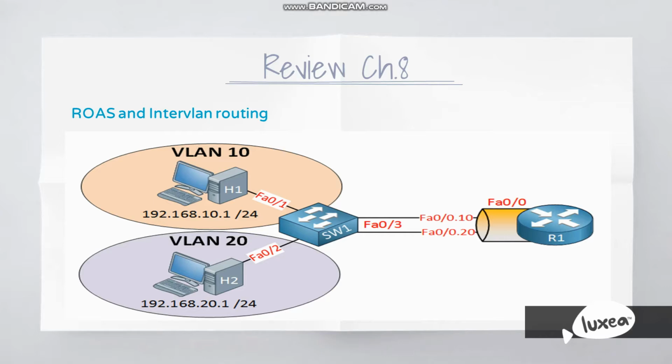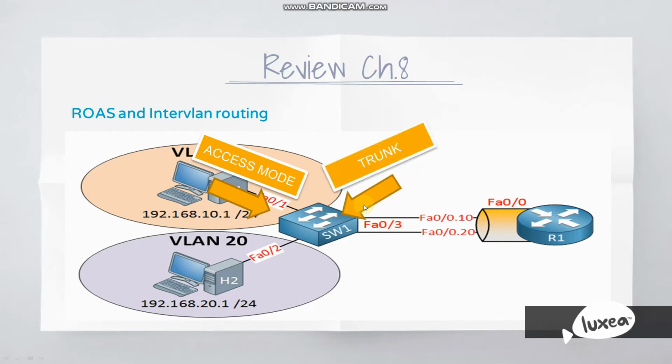So two different PCs in different VLAN subnets with IPs, to transmit the data, they should be together. The reason why it is router on a stick is there is one interface to communicate here with the router. This part will be access mode, and this part will be trunk.